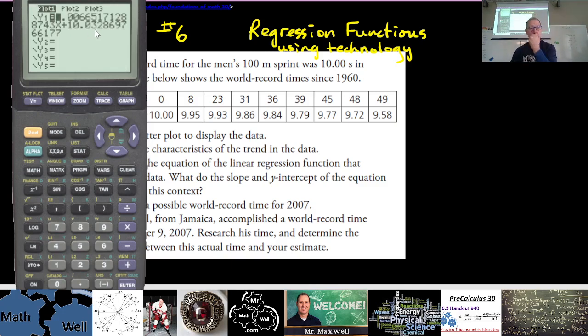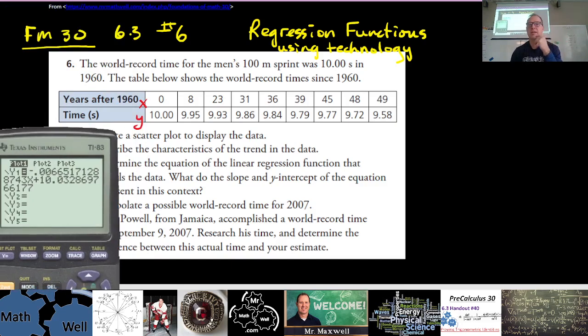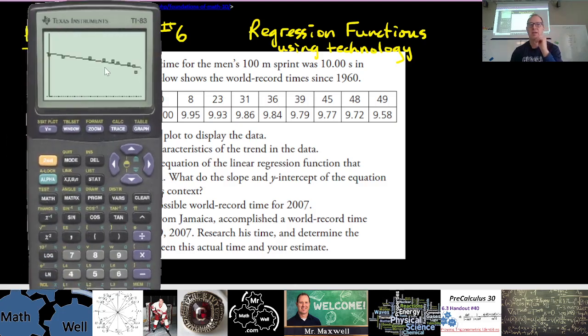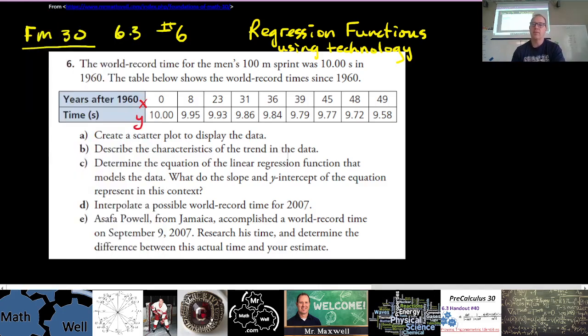So what that's supposed to mean is, given the trend in the data, on average, the time in 1960 is calculated to be 10.03 seconds. That's not the actual value, but remember, when we look at lines of best fit, this line doesn't go through many points at all, if any. And so that is the best guess for the overall trend.